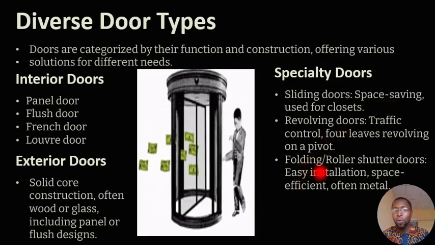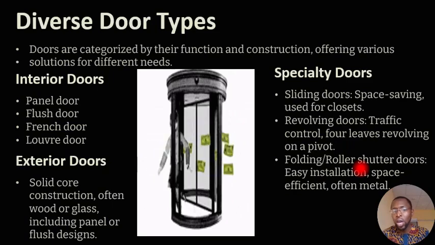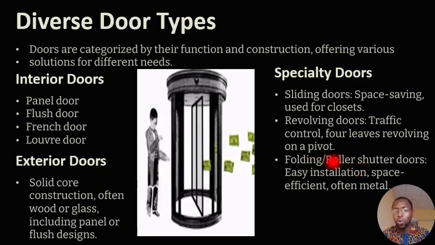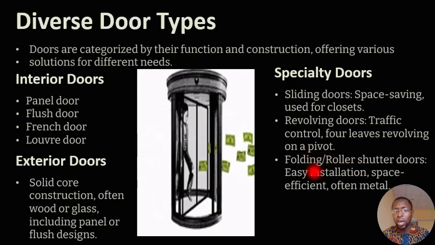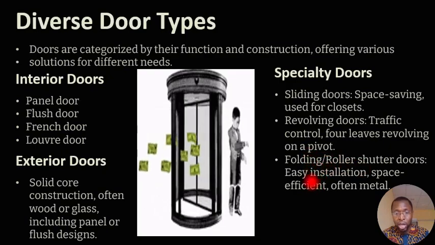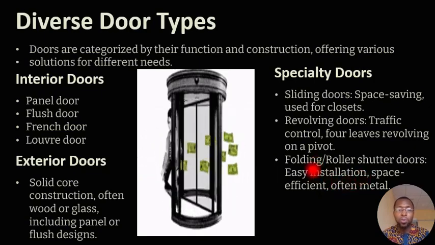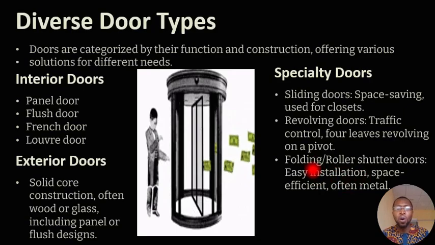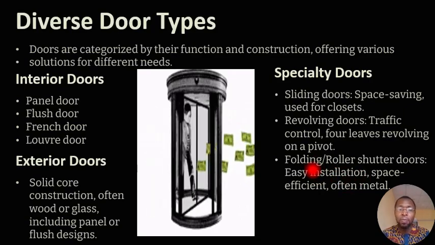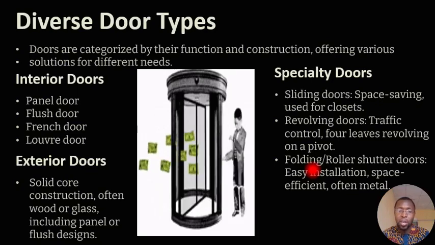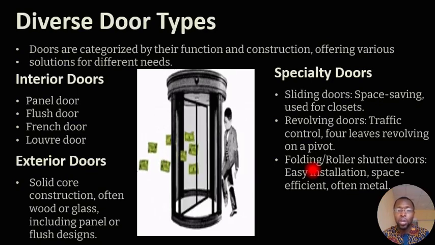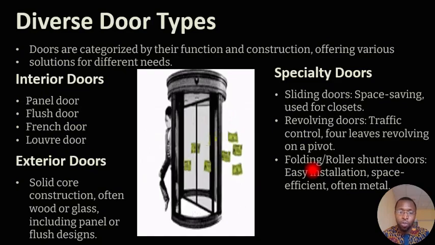And we have what we call the folding or the roller shutter doors. So this one is for space efficiency as well, and usually it's made up of metals. All right. So these are the different types of doors that we have in buildings based on their function and their construction as well.